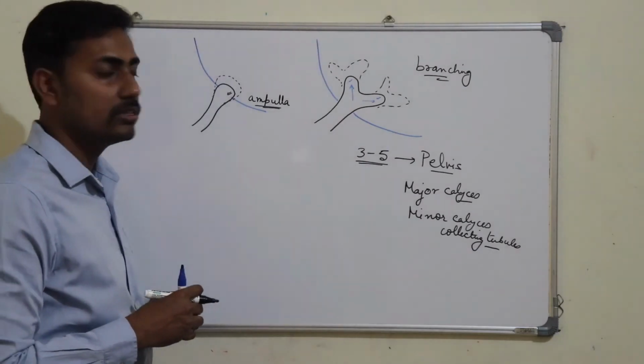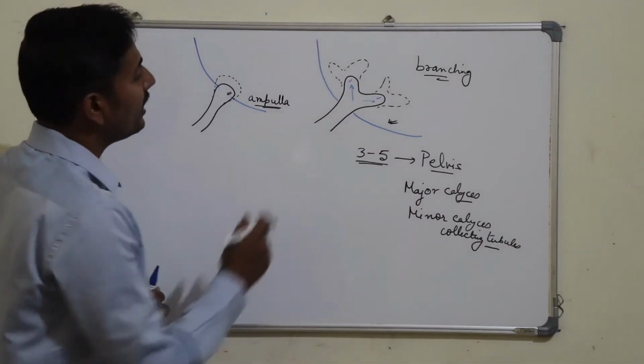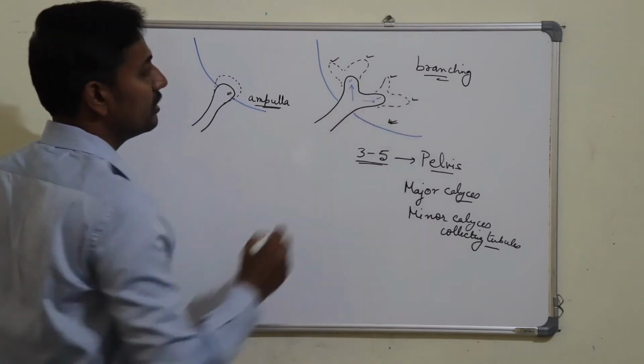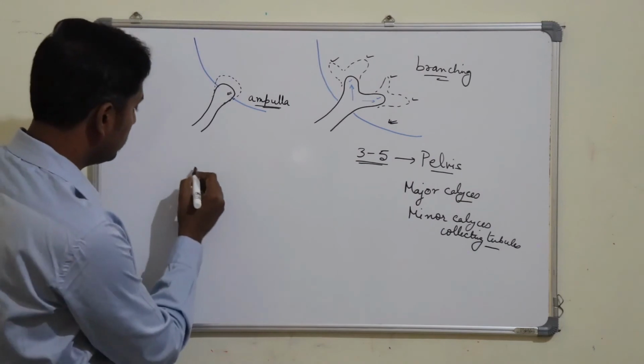Now let us look at what happens to the metanephros. The growing tips, or the branches of the ureteric bud, will again become enlarged to form ampulla.